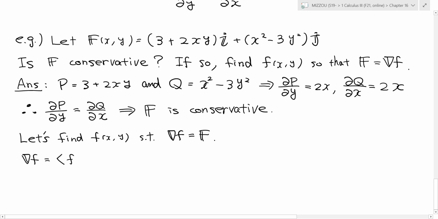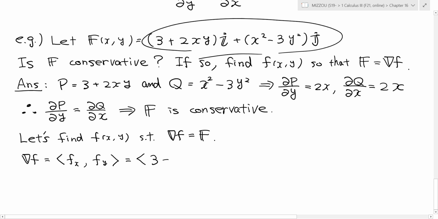The x component is the partial derivative of little f with respect to x, and the second component is the partial derivative with respect to y. And we want to find the little f such that this is equal to the given vector field.